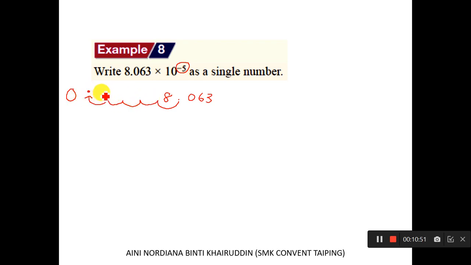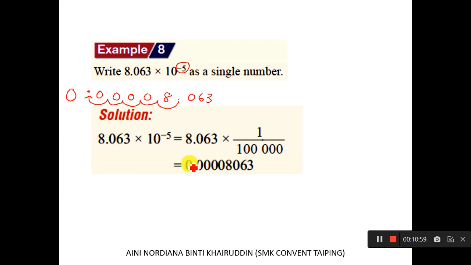So the empty spaces here, you put 0. So this will be the answer. So no need to write this there. Just from this step to this. So it is a much easier way to change a standard form to a single number. Okay.